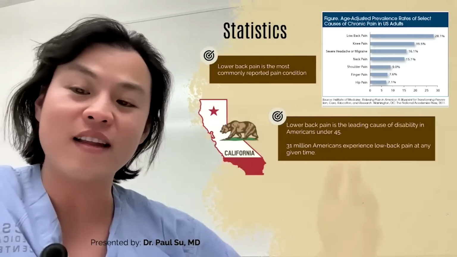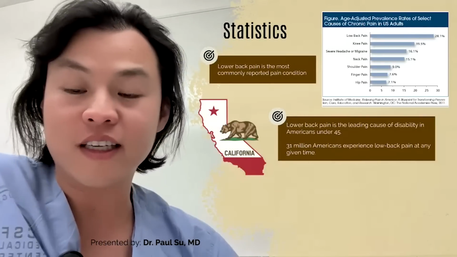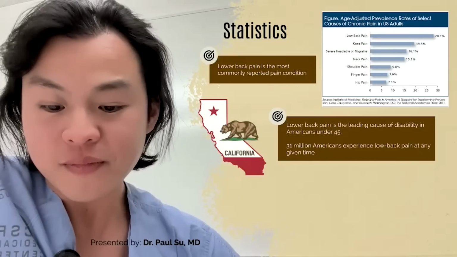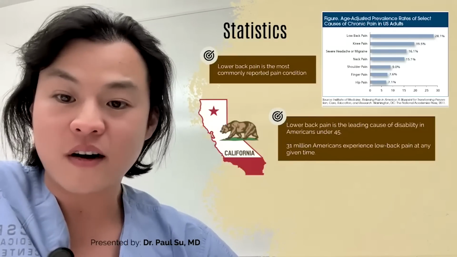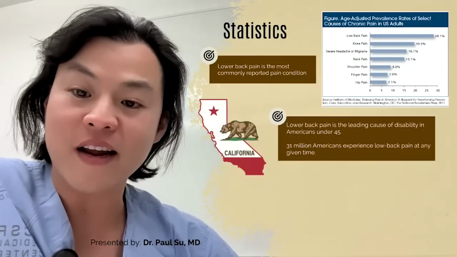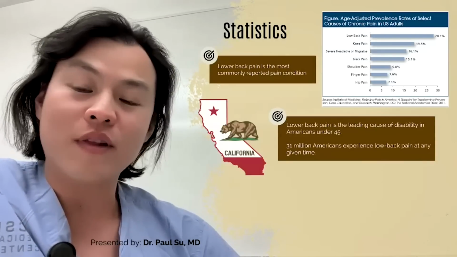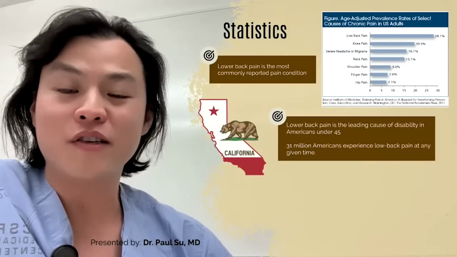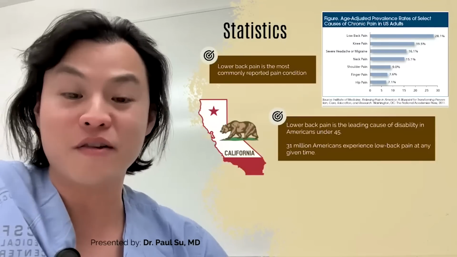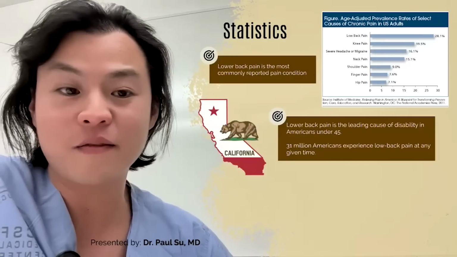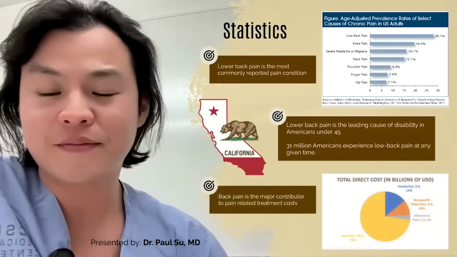So the older you get, the more likely that you're going to experience lower back pain. It's estimated that 31 million Americans will experience lower back pain at any given time. That's just a little shy of the population of California out of the entire United States. So that's a huge number.